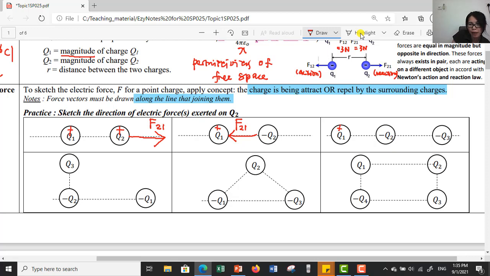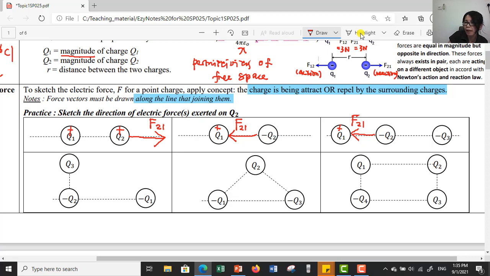So Q2 akan rasa attraction force pergi ke arah Q1. So kita ada F21. So class, bila anda lukiskan force yang bertindak atas Q2 disebabkan oleh Q1, you ignorekan dulu Q3.